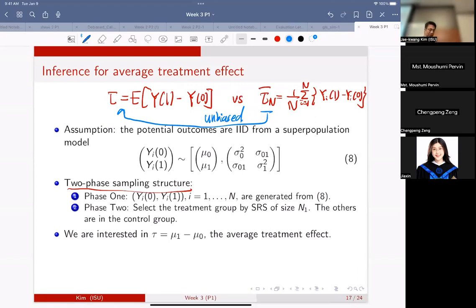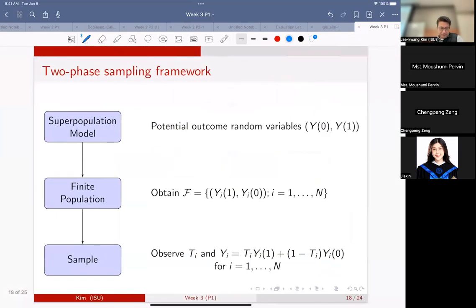So then the parameter of interest is this guy, the average treatment effect in the model, not in the finite population. This is the kind of graph that I showed you before, but now you can have a clearer understanding.